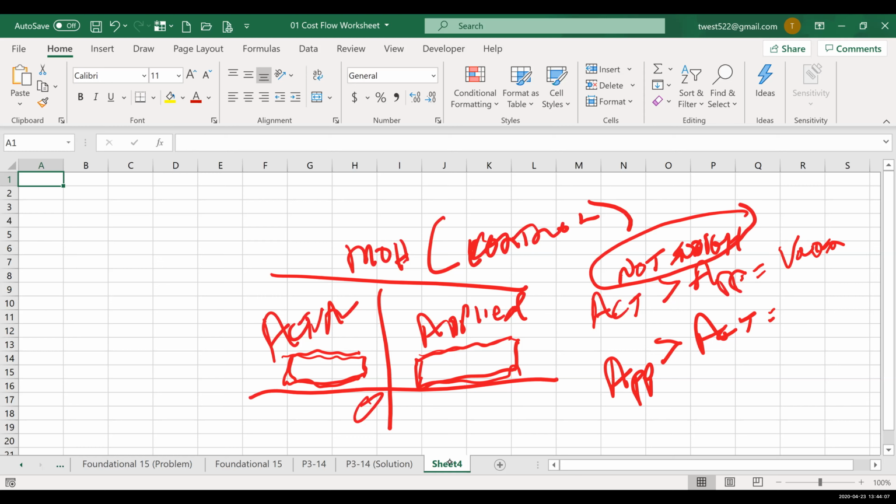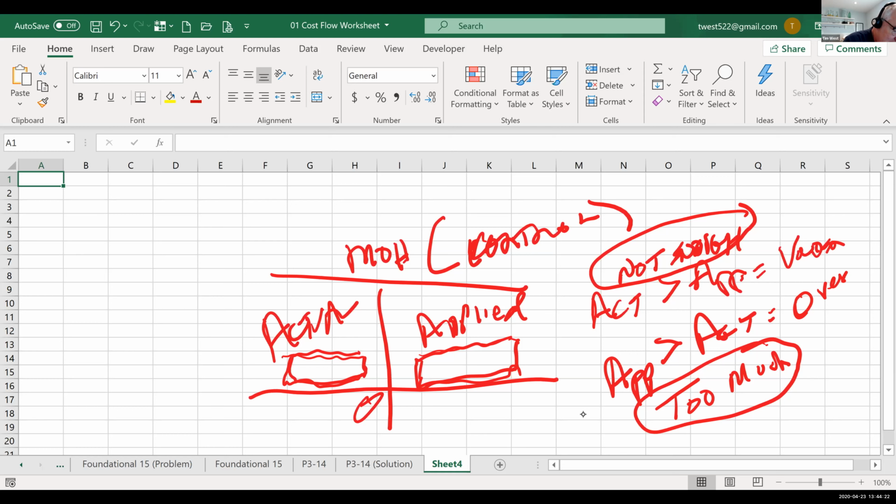Exactly. If applied is greater than actual, then you applied too much. You're over. And so down here, you can think about it as too much. Not enough and too much. Okay? So those are the things you need to think about.